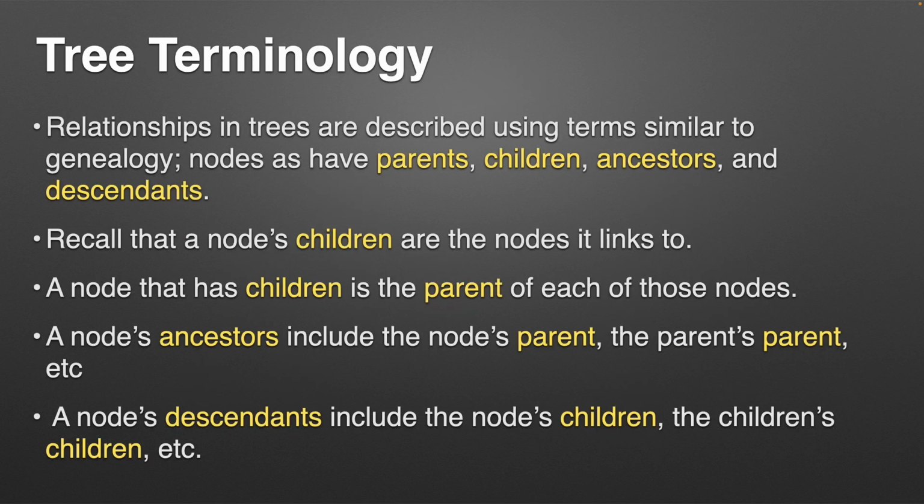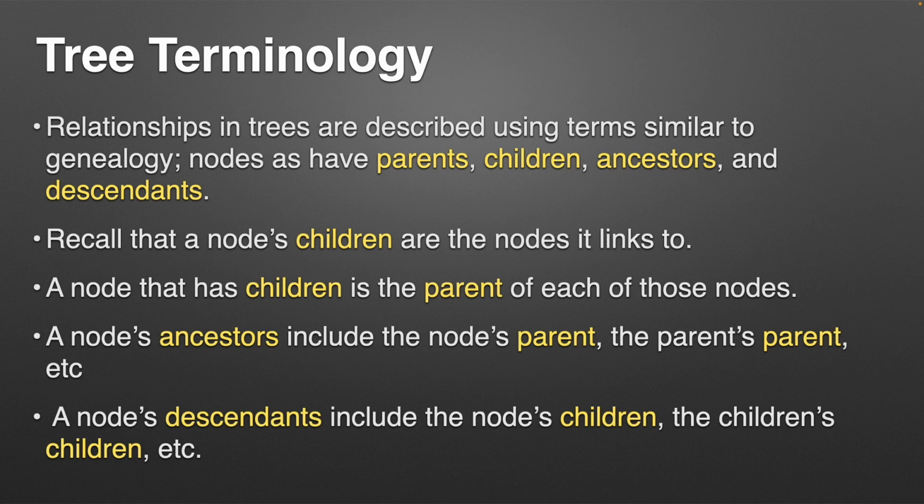So, more terminology, and thankfully this terminology is pretty straightforward. We describe it similar to genealogy terms usually. So we have parents, we have children, you can have generally ancestors or descendants.